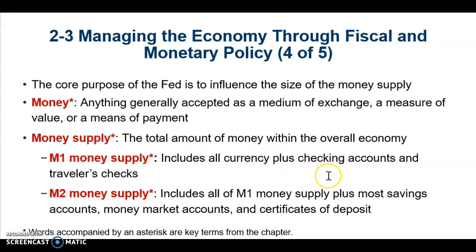This is really what most students think of as money, but you also have the M2 money supply, which is all the M1 money supply plus savings accounts, money market accounts, and certificates of deposit. Those are your two categories there, M1 and M2.